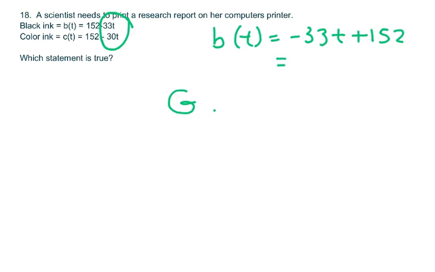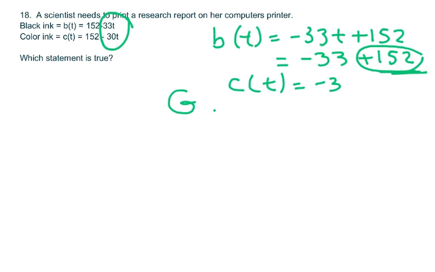If you plug in 1, the black would get negative 33 plus 152. And this is just the ink that you start with. And if you do the colored ink, you get negative 30 plus 152. So you're just looking at these numbers, and you can see the difference is 3.